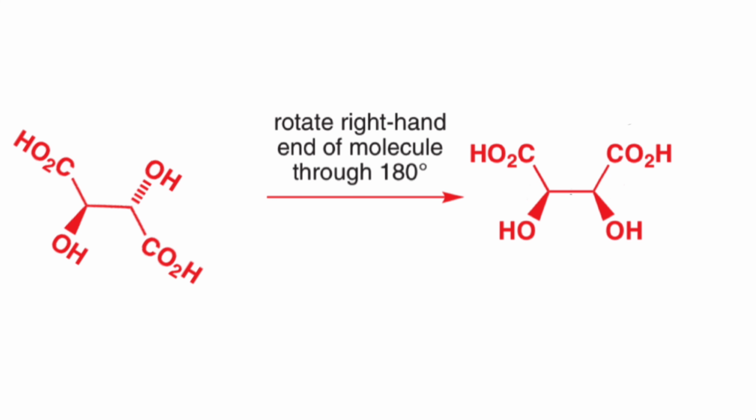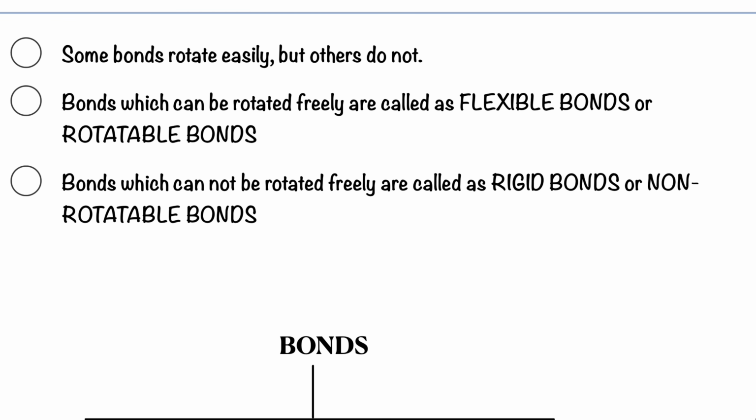So orientation of groups at one carbon is getting affected, and that is due to C-C single bond rotation, and this is called free rotation of the C-C single bond. So here, we can say some bonds rotate easily, but others do not.